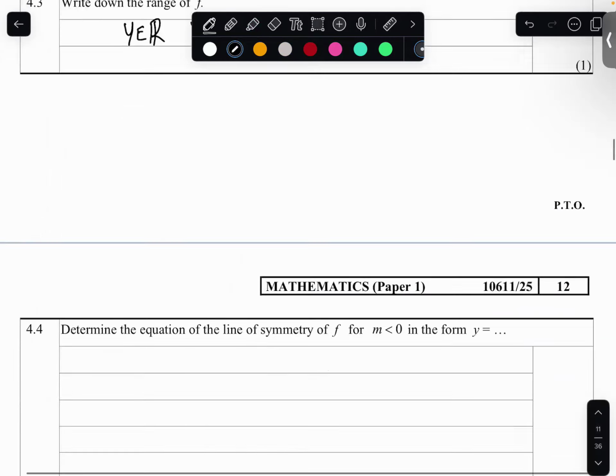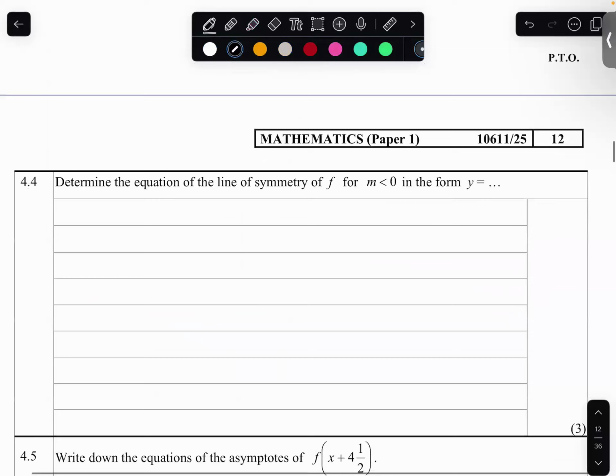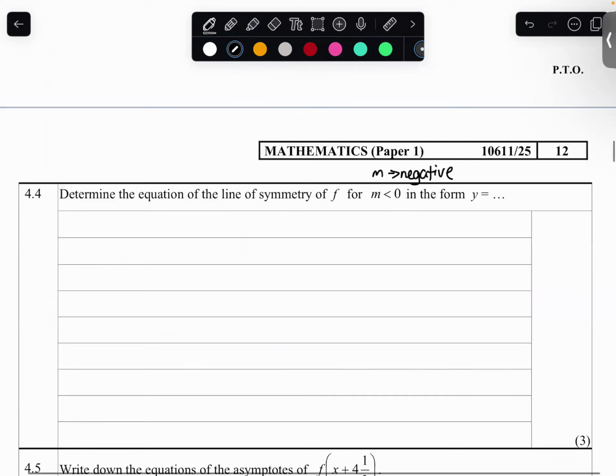The next question says, determine the equation of the line of symmetry of f for which the gradient is negative, less than 0. So this is the bean method one that I told you guys about. So this is y is equal to 3 over x plus 2, minus 1. This is the equation of the hyperbola. I told you, in order to get the axis of symmetry of the hyperbola, use the bean, right?